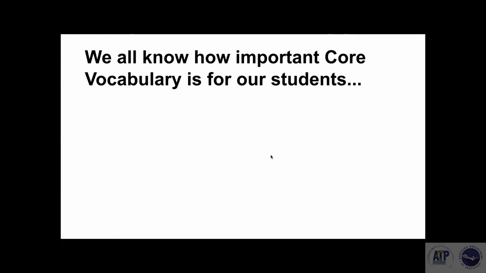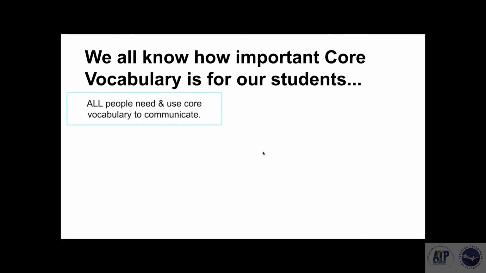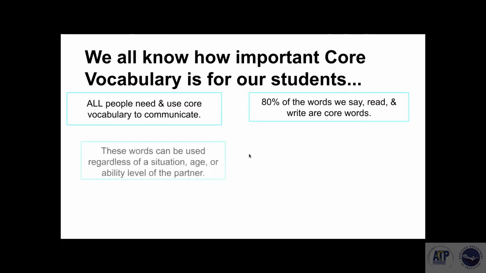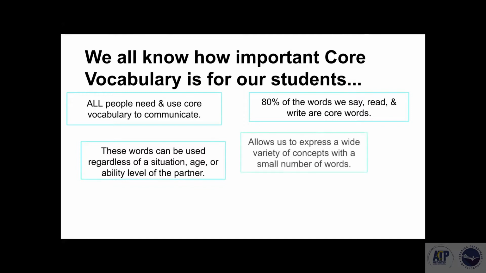So we all know how important core vocabulary is for our students. Just a quick review, if you've seen some of my other videos: all people need and use core vocabulary to communicate. 80% of the words we say, read, and write are core words. These words can be used regardless of the situation, age, or ability level of the partner.